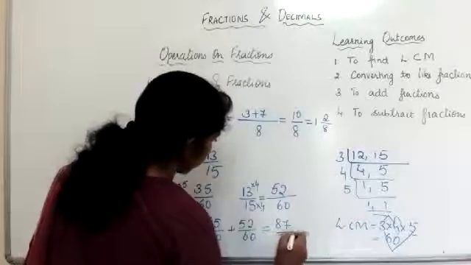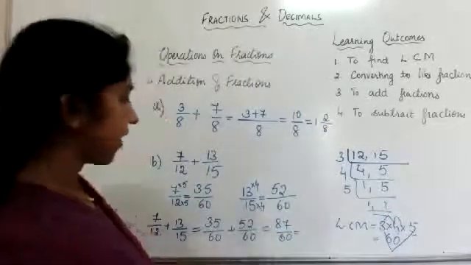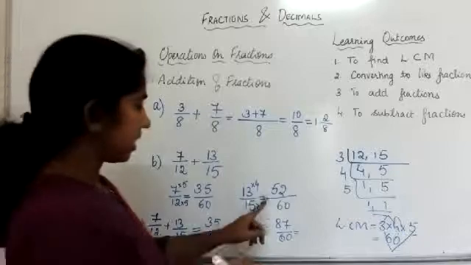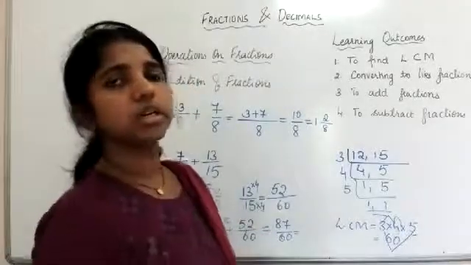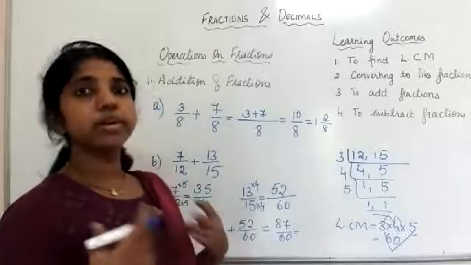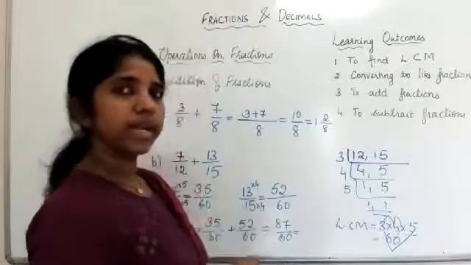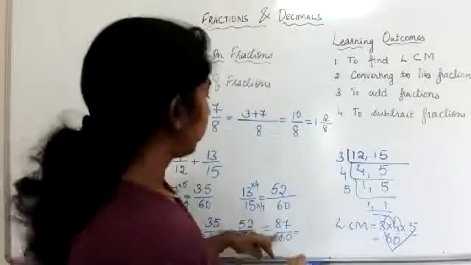Again, can we write it as a mixed fraction? Yes, because this is an improper fraction, we can get a mixed fraction. Usually for addition we get a mixed fraction, because when you add, you get more.